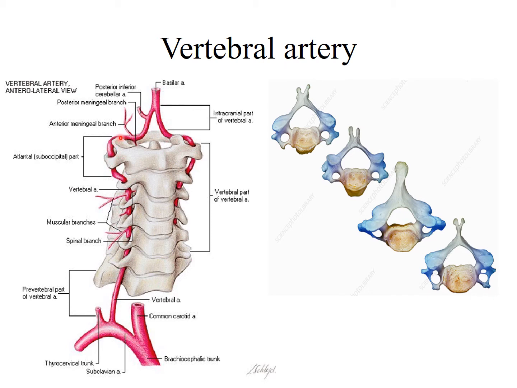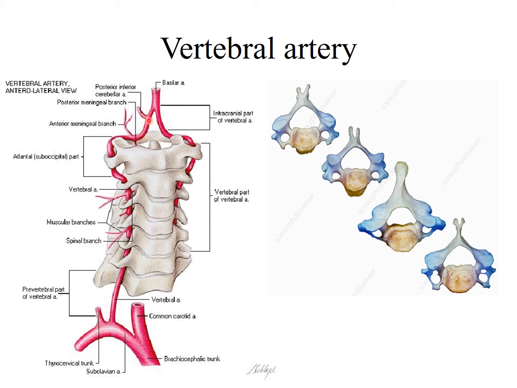Then it comes out of the foramen transversarium and winds around the first cervical vertebra, which we call the atlas. Then it goes medially and enters into the cranial cavity through the foramen magnum, the very big foramen present in the skull.